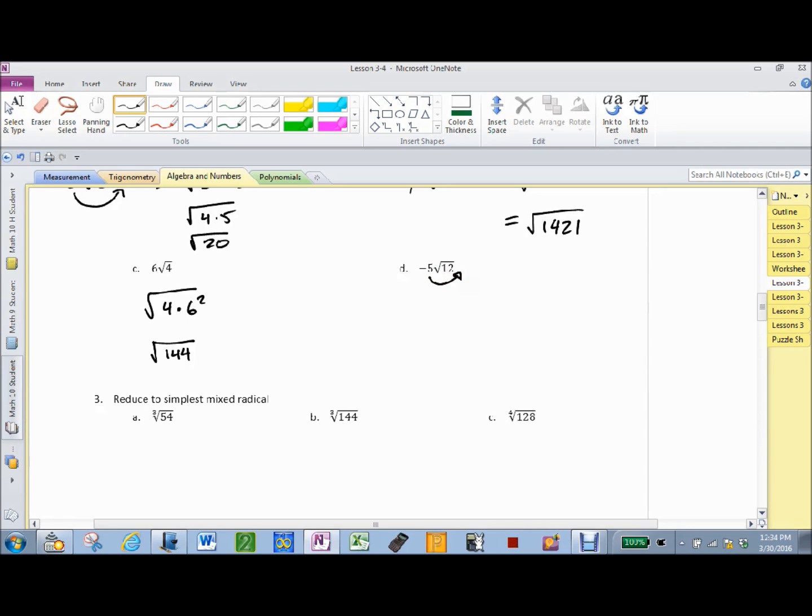Not 5. 2 5's. So this is 12 times 5 squared, yes? Which is 300. But what is missing from my final answer? Where does that negative have to go? Out in front. Because this negative tells me everything after it is negative. Is this still true? Yes.